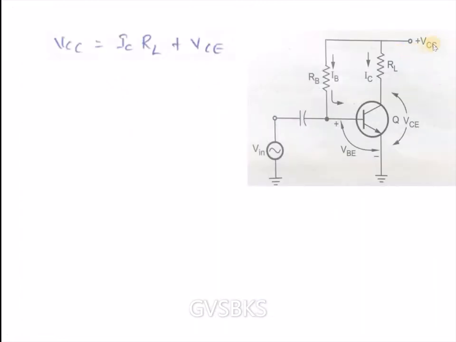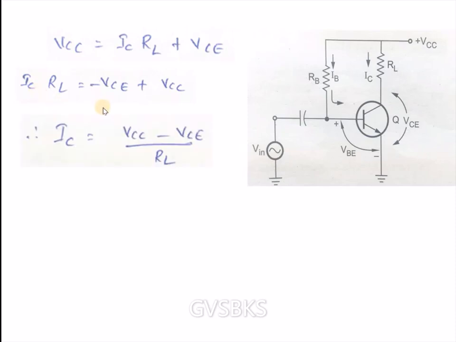So let us calculate the values of VCEQ and ICQ. If you apply KVL to the output side loop, then we can write VCC is equal to ICRL plus VCE. So ICRL is equal to minus VCE plus VCC.